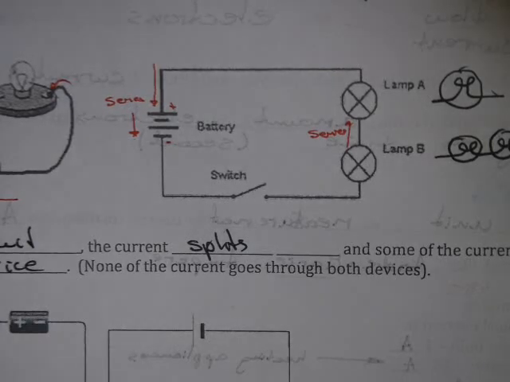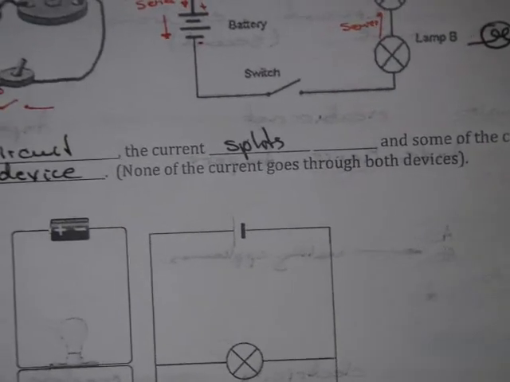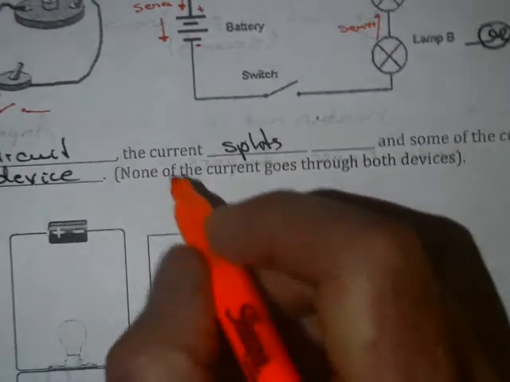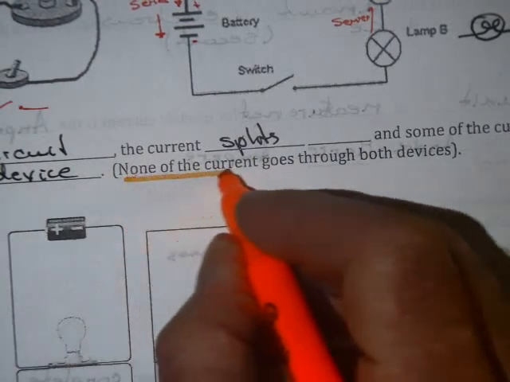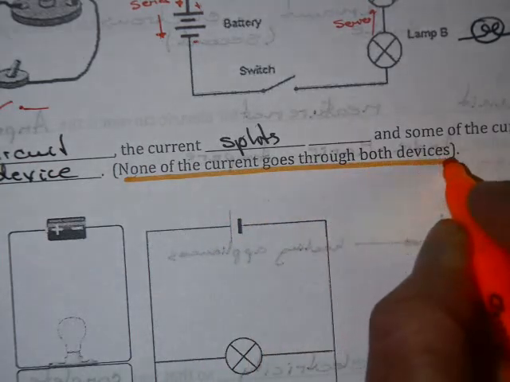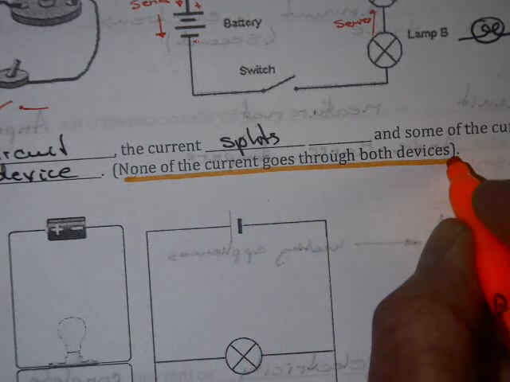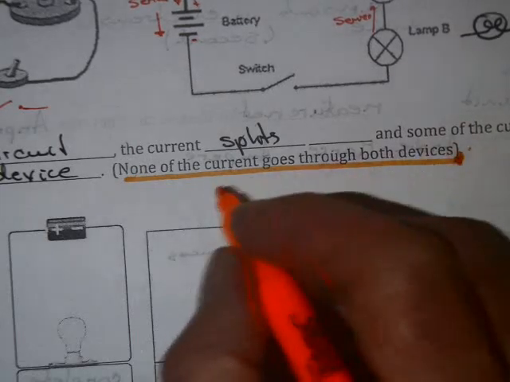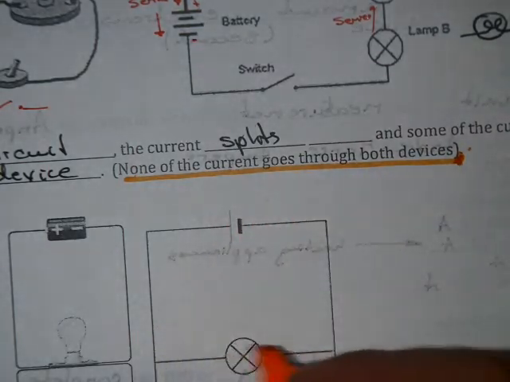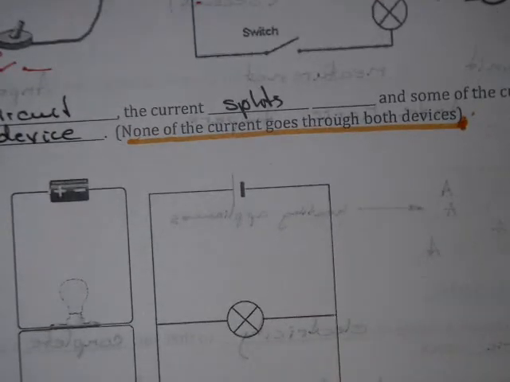Okay, and their little note here is that none of the current goes through both devices. What does that mean? I think what that should say is that none of the current will choose to go through one and not the other. Okay, I'm going to rephrase that.